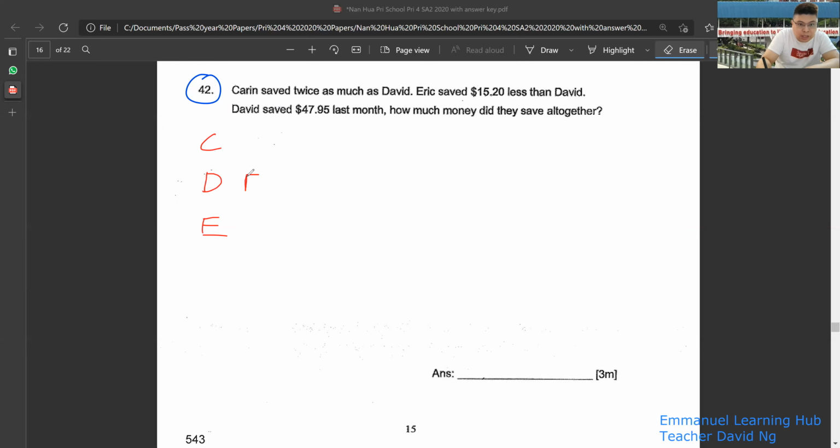Okay. David saved a certain amount of money. Corinne saved twice as much as David, right? Yeah. Then Eric saved 15.20 less than David. Okay, understand? Yes.